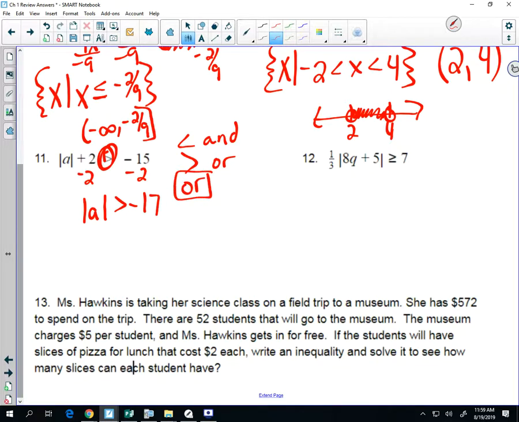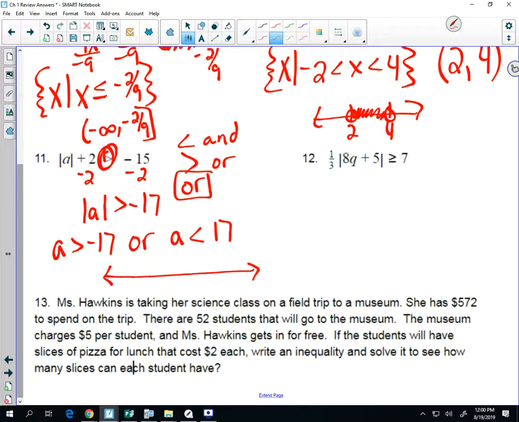If I set this up, the first one, I leave it alone, and I get x is greater than negative 17. Or I leave the absolute value alone, I flip my sign, and I change that to a positive 17. So this is where and or matters for what you get. This is a special case.